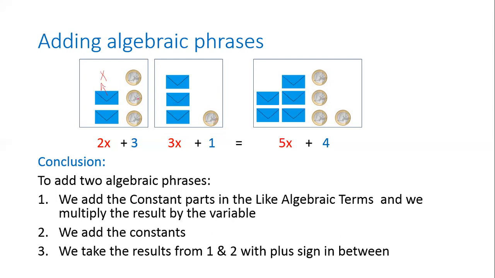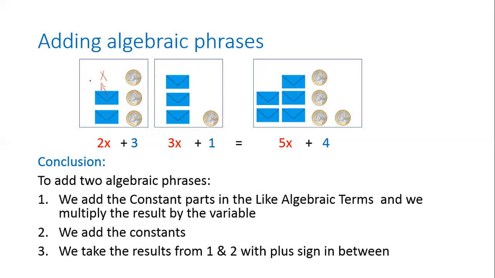We want to express each of these squares as an algebraic phrase. So in the first square, we have 2x, that is the amount of money in the 2 envelopes, plus 3 euros. In the second square, we have 3x plus 1 euro.